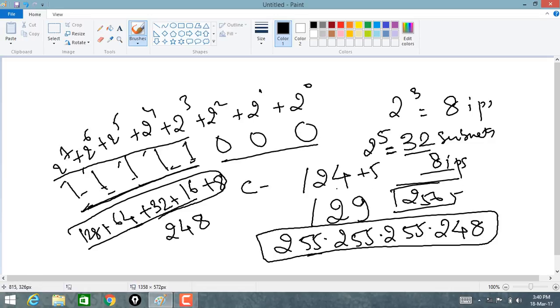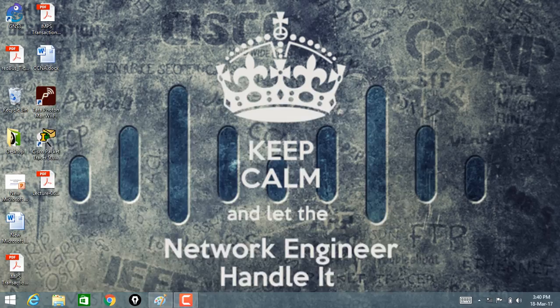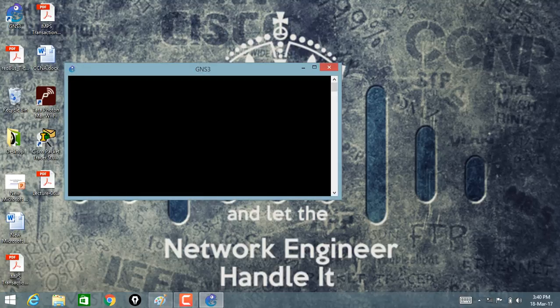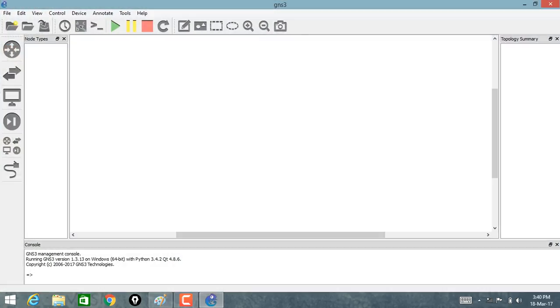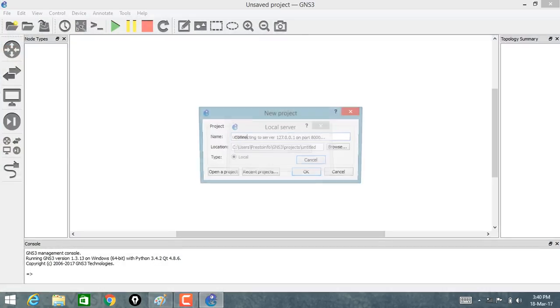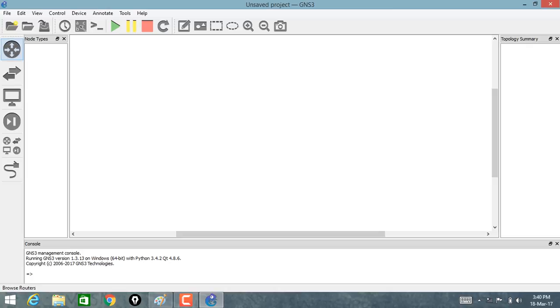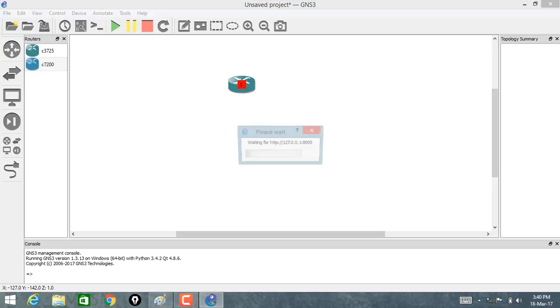So let us do one practical on this, and let's see whether it's able to communicate or not. Let me open my GNS. Very simple. You can do this practical on Packet Tracer also. Let us take one router.